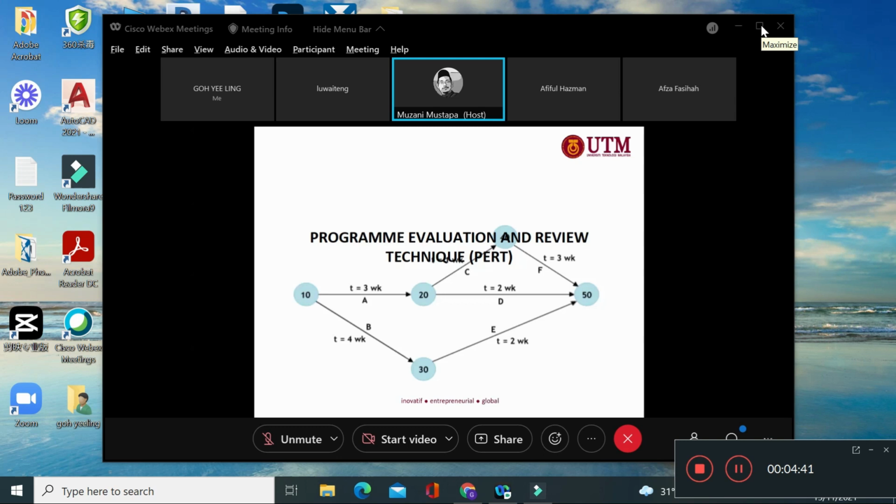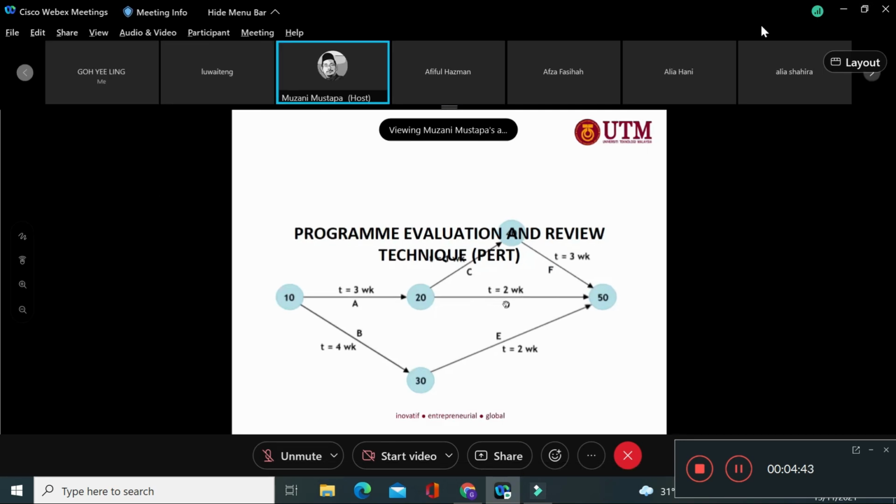For example, if the only predecessor of D is A, there is no dummy. But what if activity B is also a predecessor for D? This sample shows activity on arrow with no dummy.